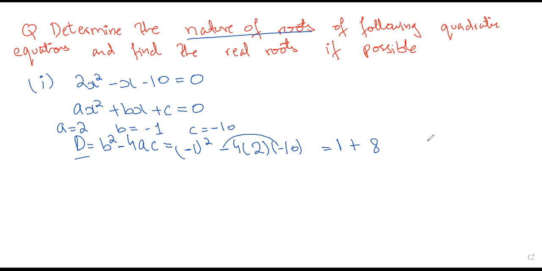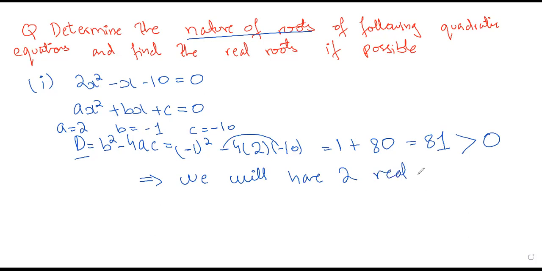So this basically is 81, that is greater than 0, right? Our discriminant is positive. So it implies we will have two real roots. Okay? We will have two real roots.